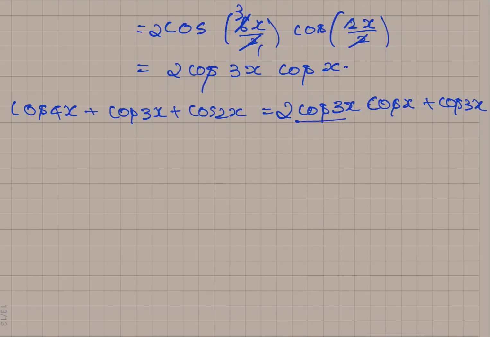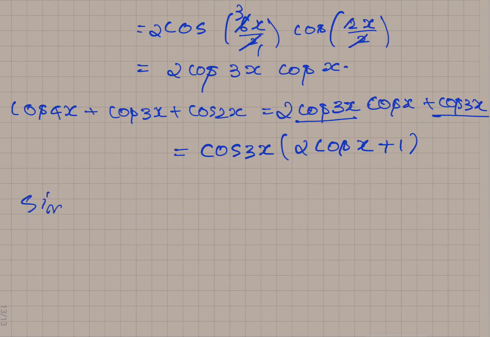Now here the cos 3x and cos 3x, let's take cos 3x common, and the left is 2 cos x plus 1.